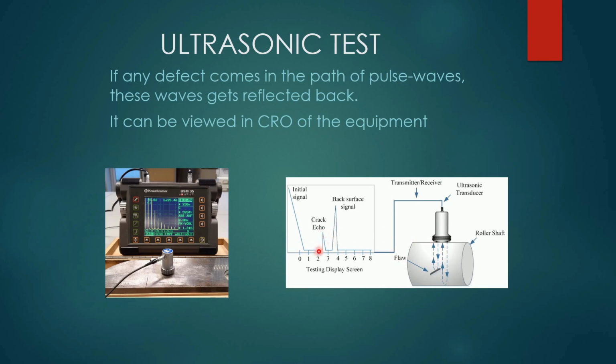This is indicated over here in the crack. You can see the crack echo is there. Whenever any defect comes in the path, the wave gets reflected back. It doesn't cover the whole distance of the object. It will return from this particular defect, so it can be viewed in the CRO of the equipment.